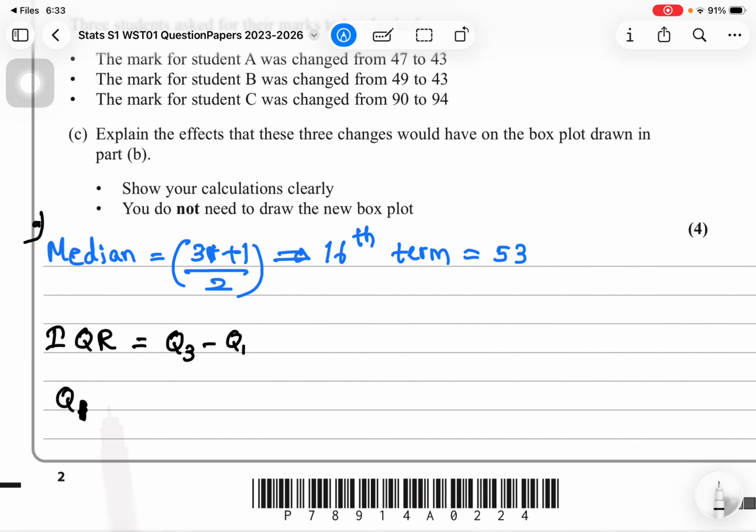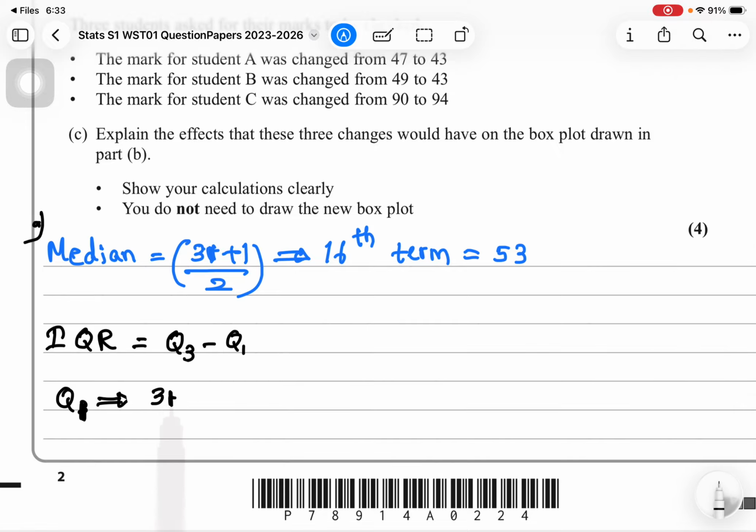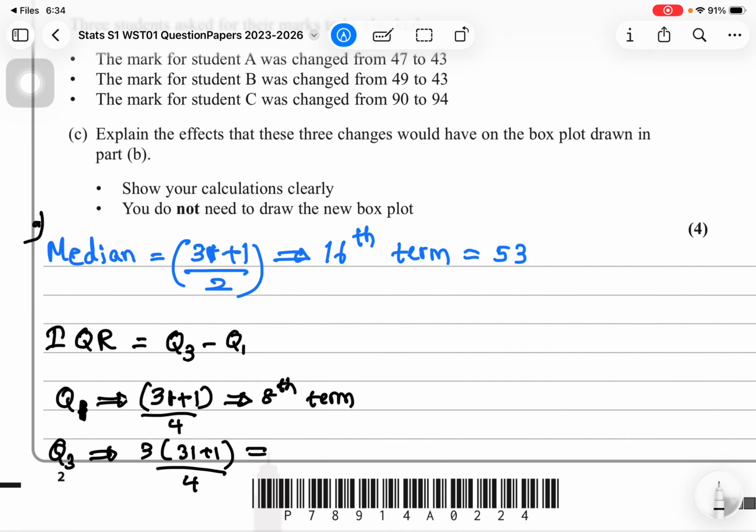In our case we already know n, so let's write it straight: (31 plus 1) divided by 4th term, which will be the 8th term. Then Q3 is 3 times (n plus 1) divided by 4th term, which is the 24th term.